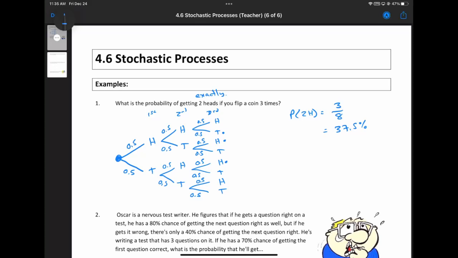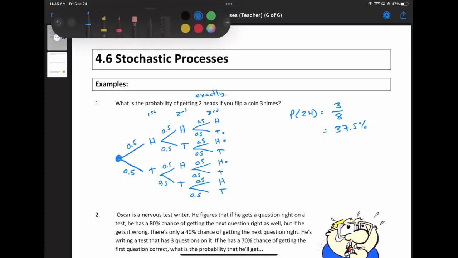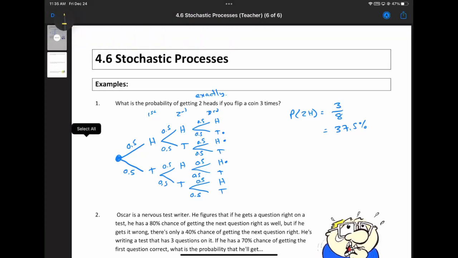So for instance, the first one, head, head, tail: if I follow the path head, head, tail, what I can do is multiply the numbers along that path. So 0.5 times 0.5 times 0.5, and that's going to be 0.125.